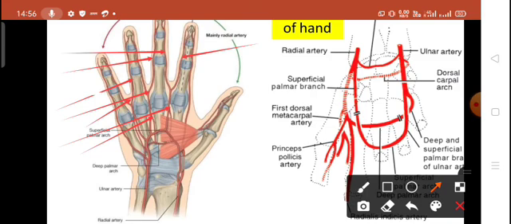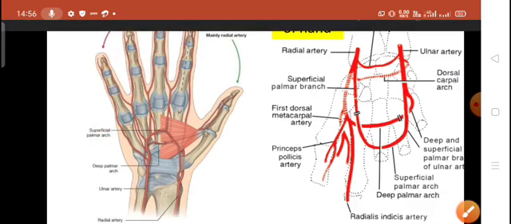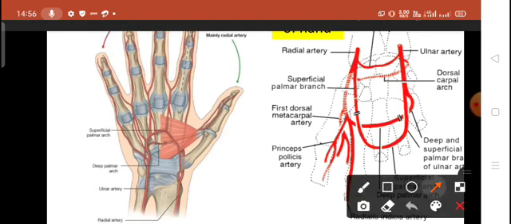That means the medial three and a half digits are supplied by the ulnar artery, and the rest, the lateral one and a half digits, are supplied by the radial artery. These are the course and branches of the radial and ulnar arteries in the hand.